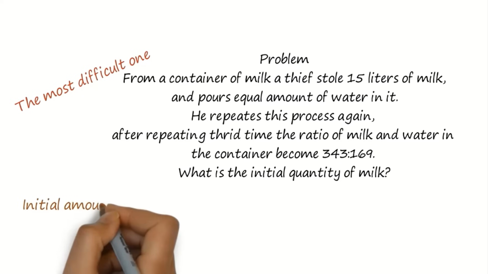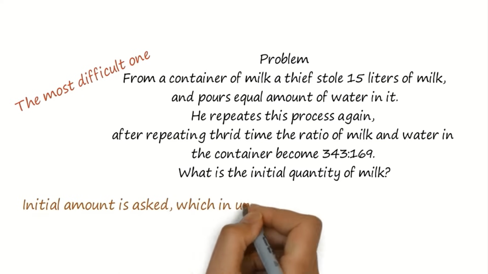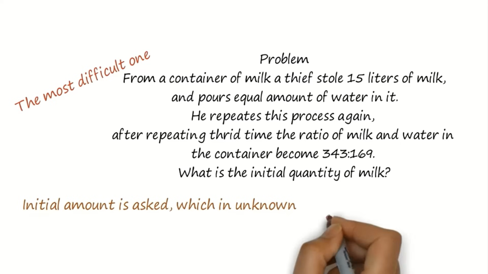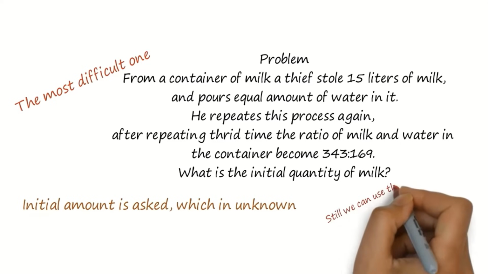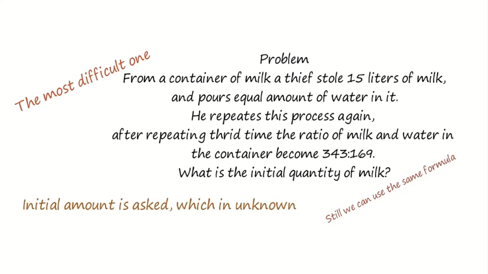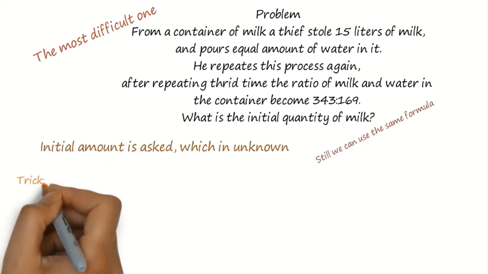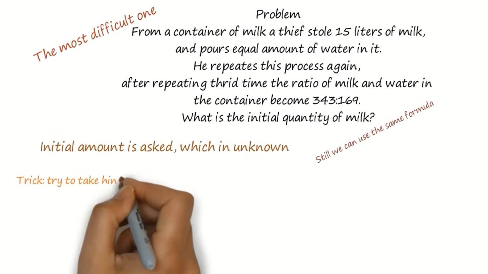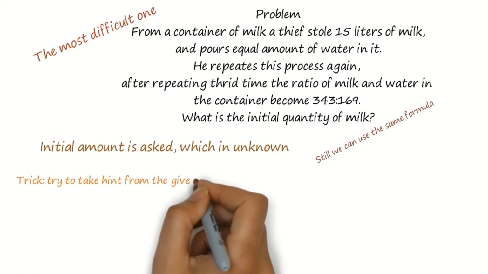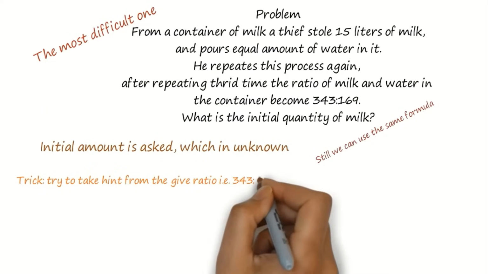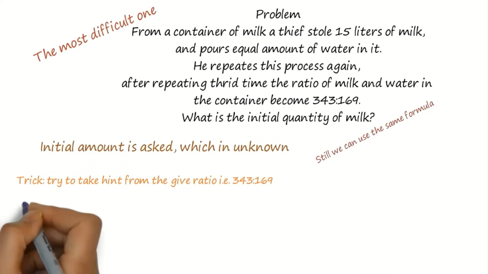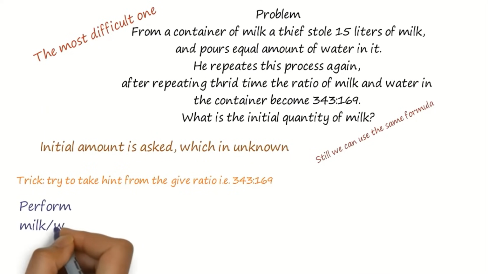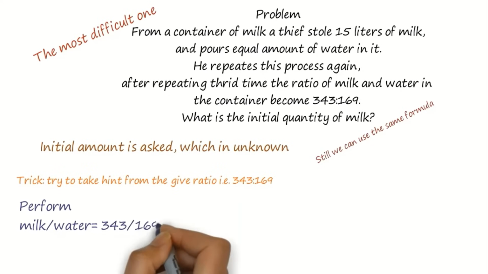And we are being asked to find the initial quantity of milk in the container. So in this case, we can use the same formula in a tricky way. Whenever we get something in terms of ratio, as per the ratio proportion concept, we can write them in division format. Here in our case, we can write milk by water is equal to 343 by 169.